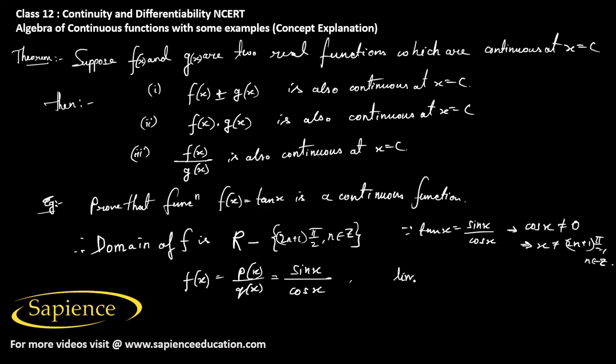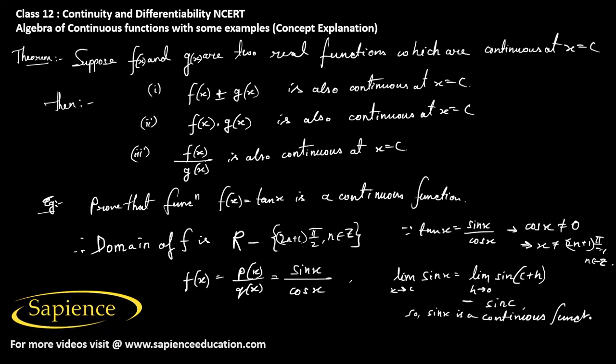Since if I do limit x tends to c sin x, I can write it as limit h tends to 0 sine of c plus h. So I can put h equal to 0 here. So this will be equal to sine c. So I can tell that sine x is a continuous function.